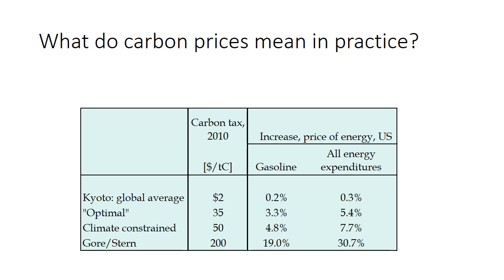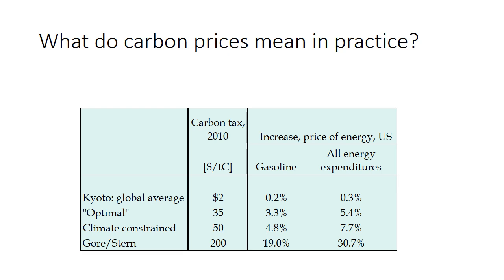Are you really going to notice this at the pump? Not really, probably. For all energy expenditures, 5.4%. We already talked about how nobody really pays attention to their electricity bills to begin with, and natural gas bills. So a 5.4% increase, probably most people aren't going to notice this.